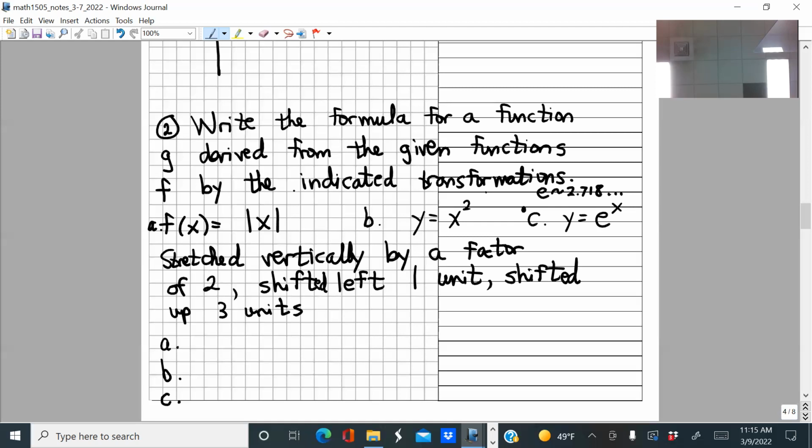All right, so here's what we want to do. We want to take the graphs that we get from those 3 functions, and I want to perform the following transformations. So I want to stretch it vertically by a factor of 2, shift it left 1, and then shift it up by 3 units.